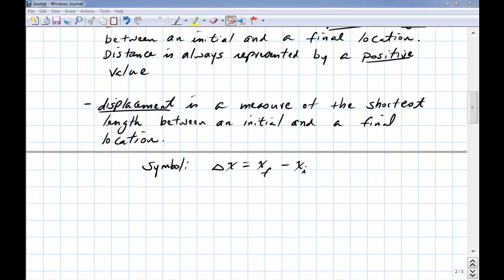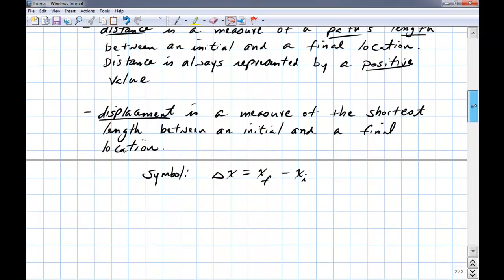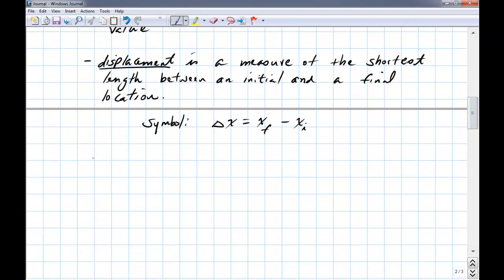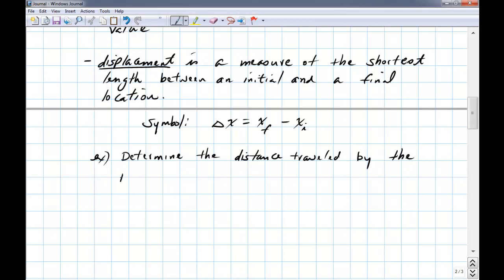Let's now connect these principles to the diagram that we drew earlier. So for example, let's determine the distance traveled by the person shown within our first diagram.